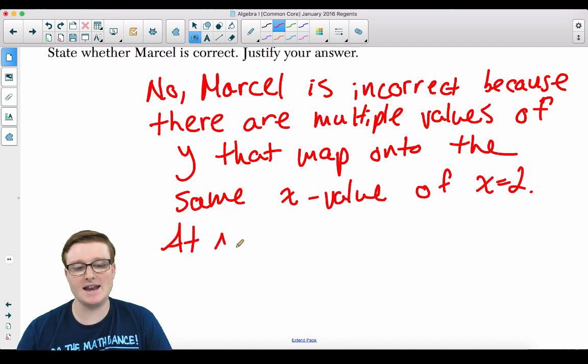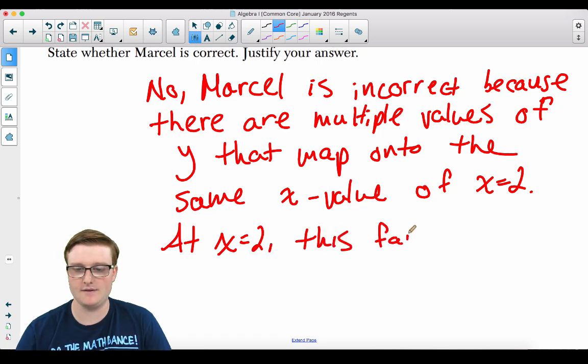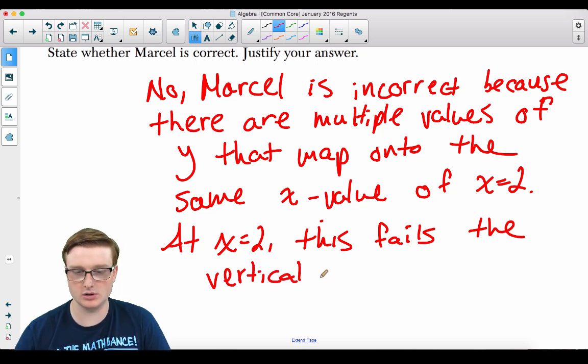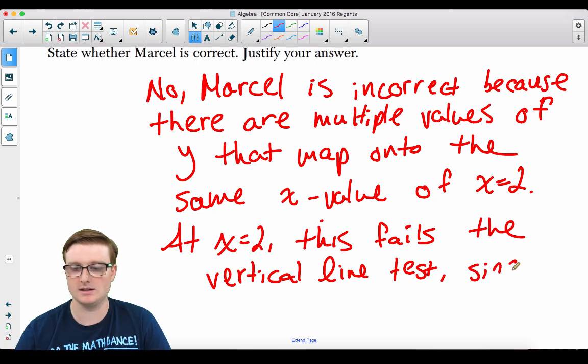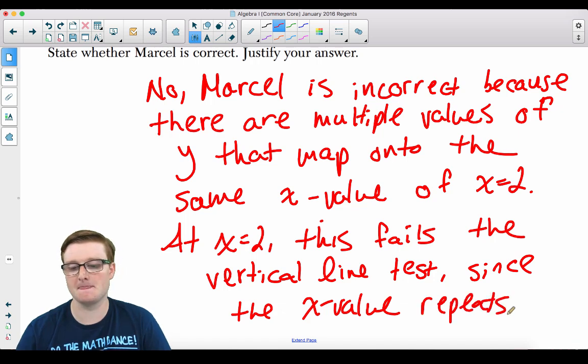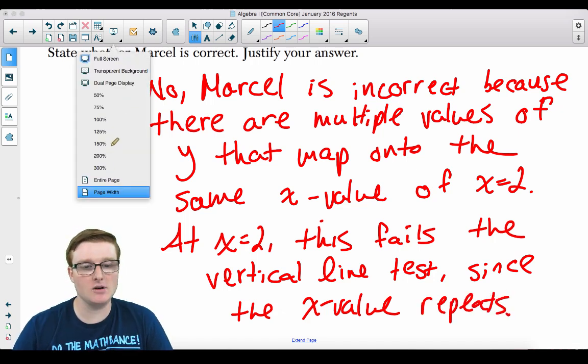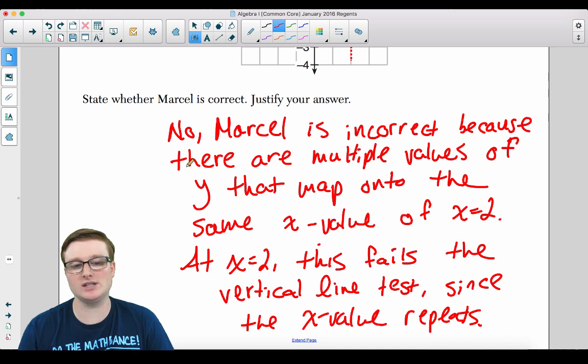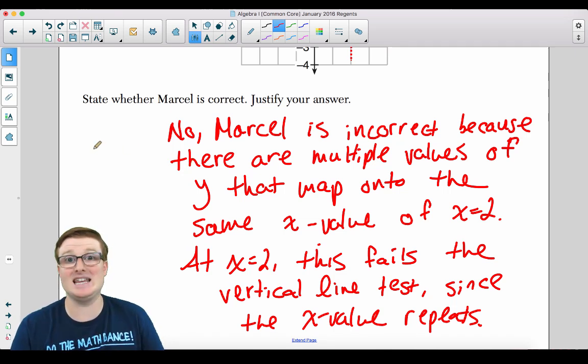You could also say at x equals 2, this fails the vertical line test, since the x value repeats. And that is how you could explain your answer to justify why Marshall is incorrect.